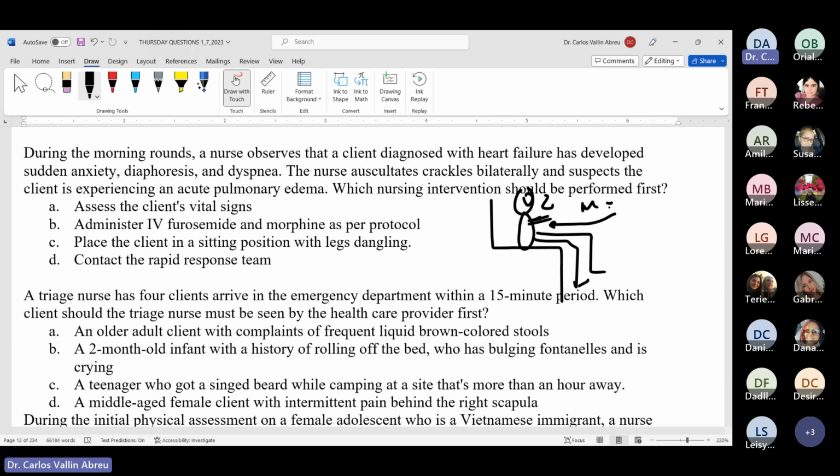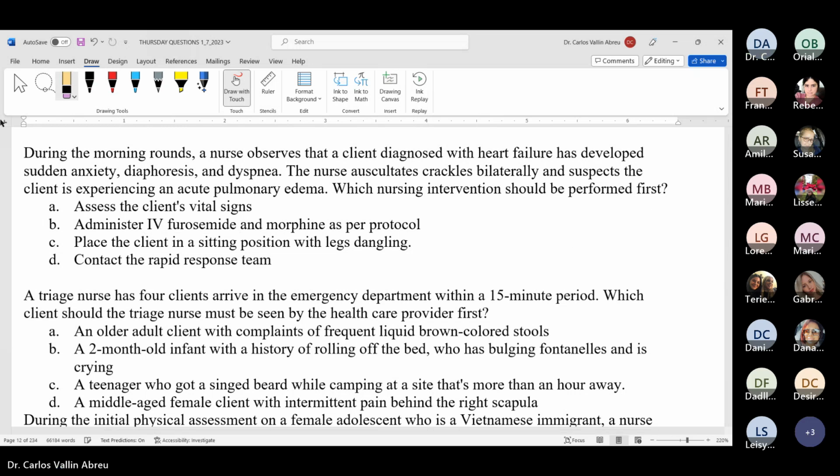After that, administer the furosemide. Furosemide takes a little while to start working. That's why it's not the most rapid intervention. So absolutely, this is the order. First, you sit the client. So you are good also in this. No problem with this.